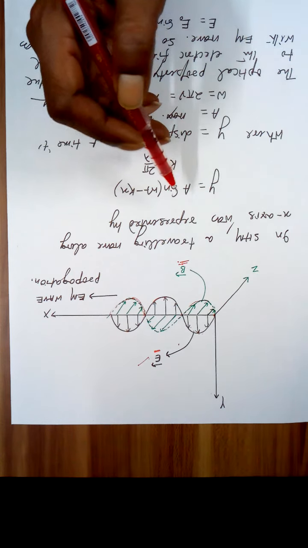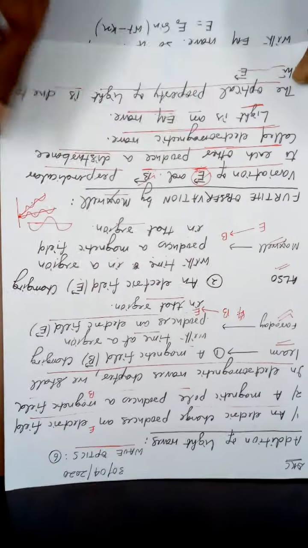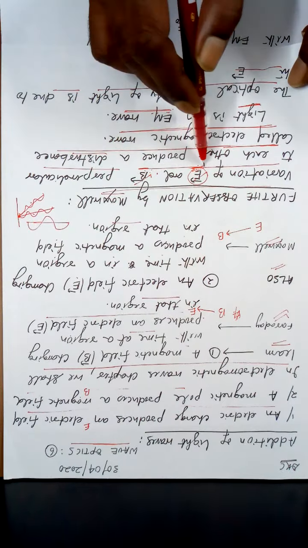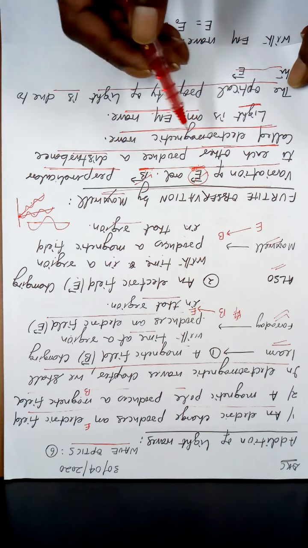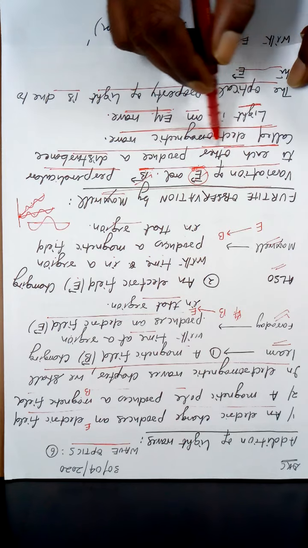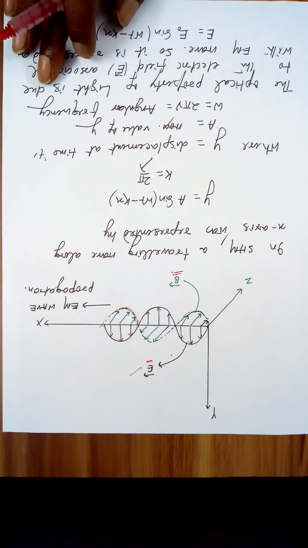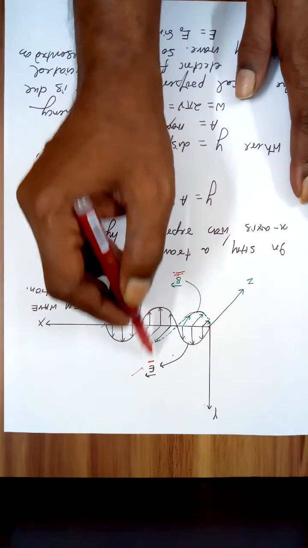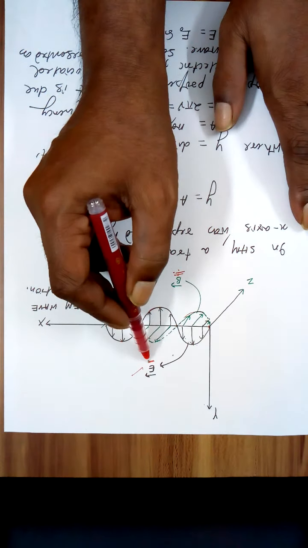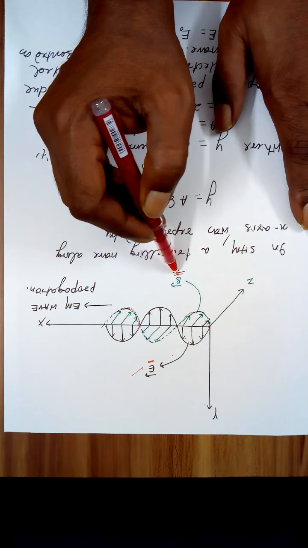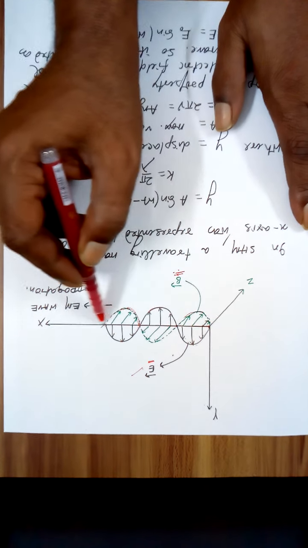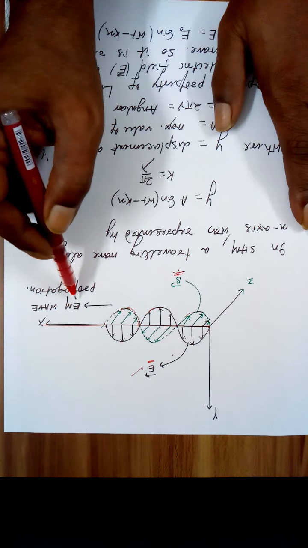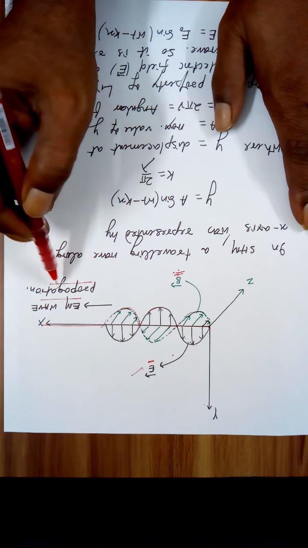And as per the observation of Maxwell, if an electric field and a magnetic field are perpendicular at a place, they produce a disturbance. Now due to this E and B, which are perpendicular, E along the y-axis, B along the z-axis, it is found a wave is traveling, a disturbance is traveling along the x-axis, called an electromagnetic wave, and light is also an electromagnetic wave.